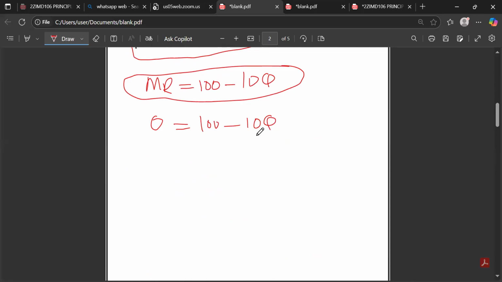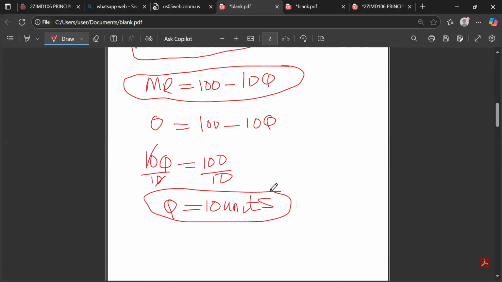So take this 10Q to the other side, to give us 10Q is equal to 100, over 10 over 10. So our Q will be 10 units. So 10 units are the units to maximize the revenue.